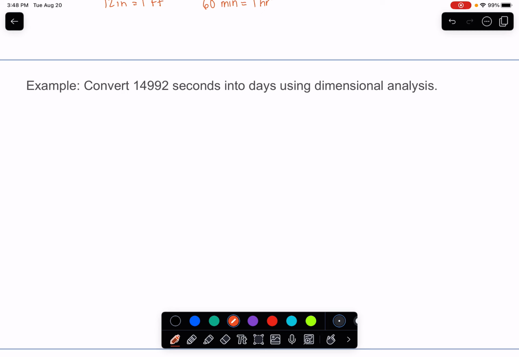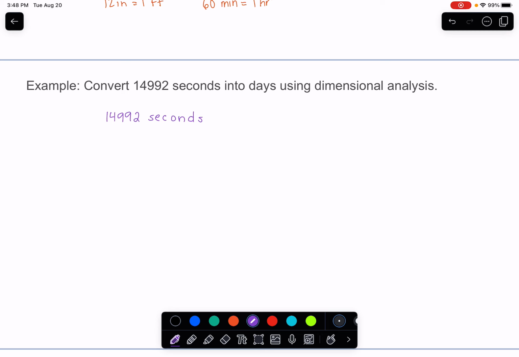However, you do need to know how to set these problems up using dimensional analysis. So the first thing you want to do is write down the number that is given to you in the problem with the unit that it has. And that's going to be the start of my problem.